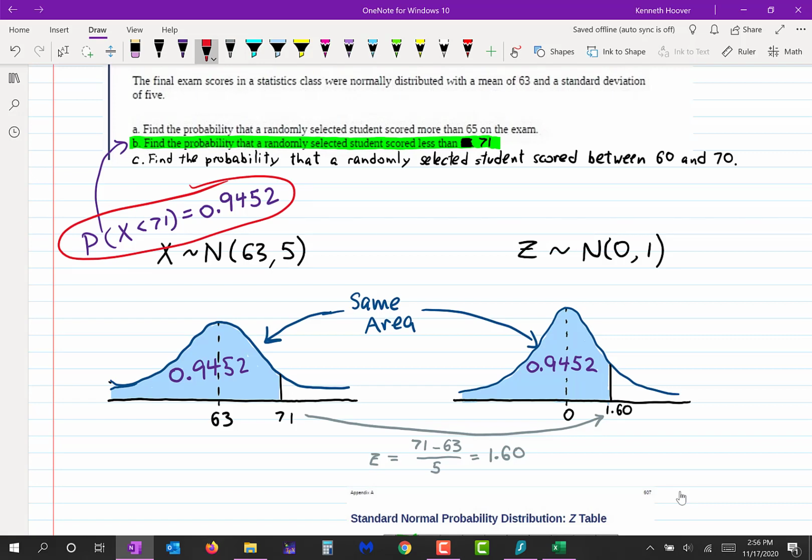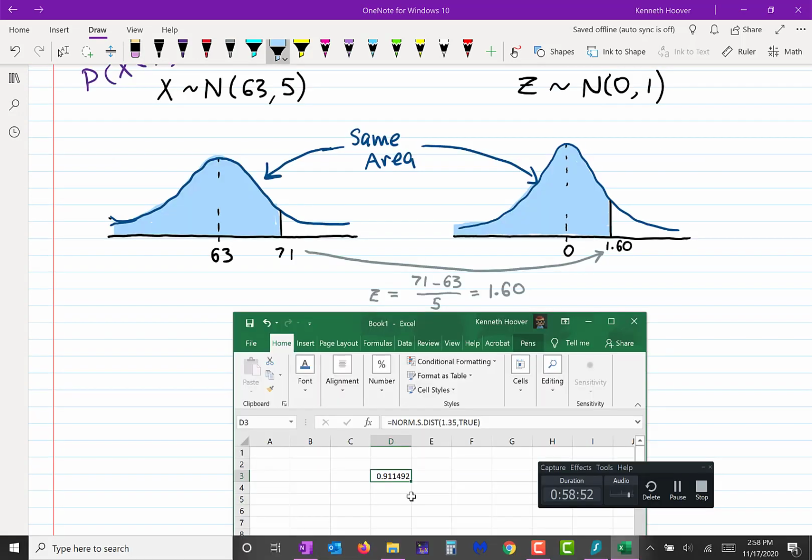Okay? Now, for practice, let's find that same answer using Excel. It is, I think, quite a bit easier. In Excel, all we have to do is type in, well, don't forget the equal sign.